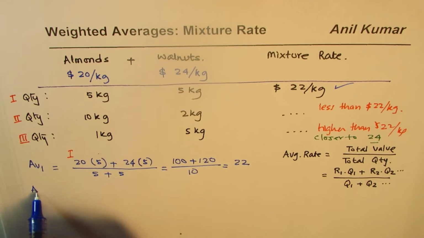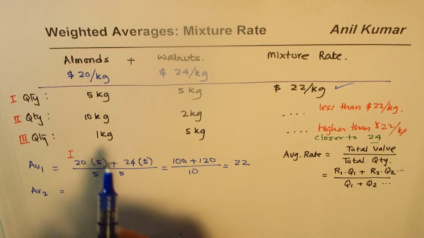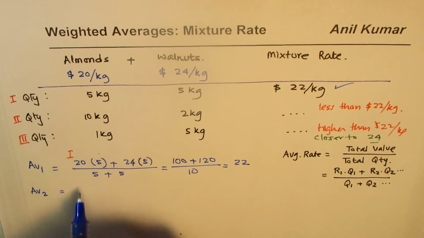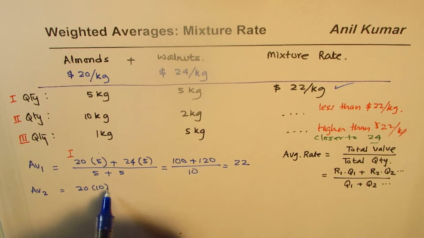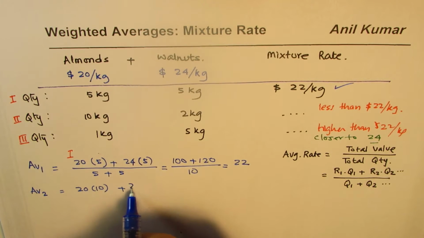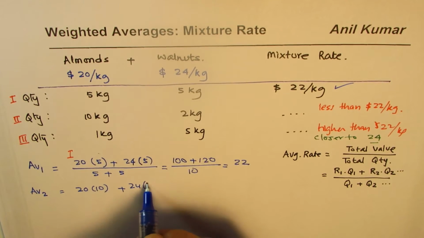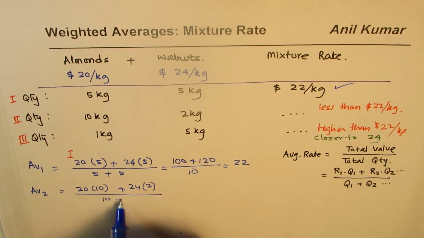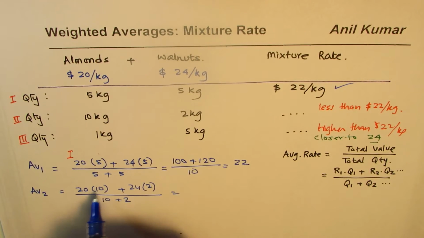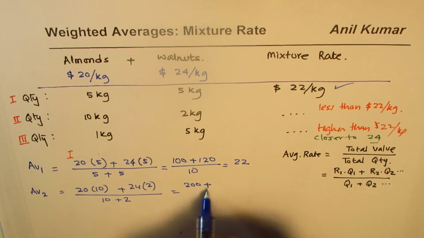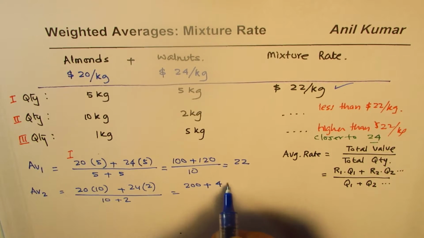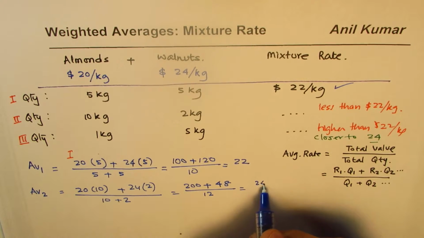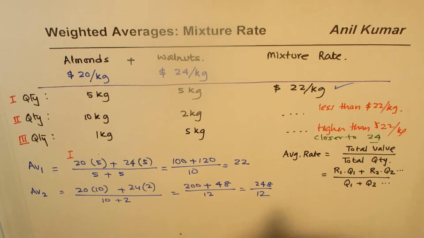Now let's calculate the average for the second case. In this case, the quantities have changed. The rate is the same, so it is 20 times 10 plus 24 times 2, divided by the quantity 10 plus 2. So it becomes 20 times 10 is 200 plus 48, which is 248, divided by 12.